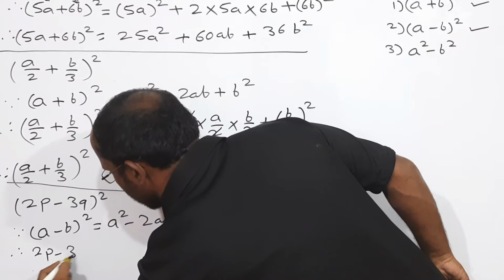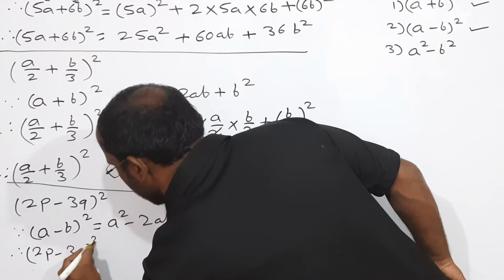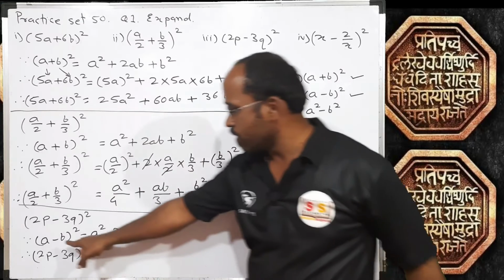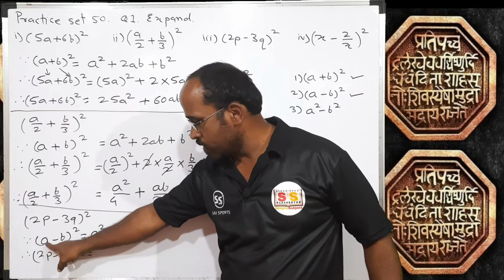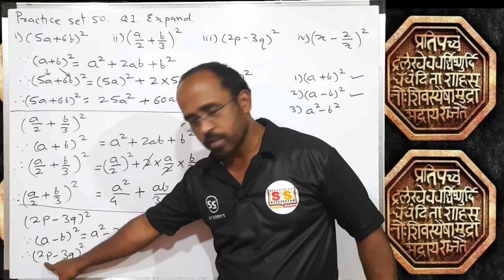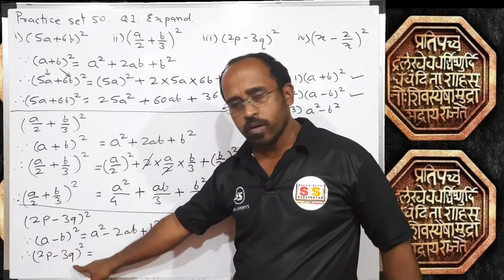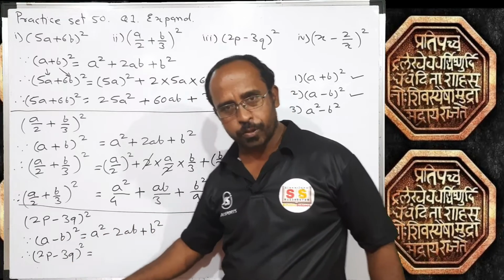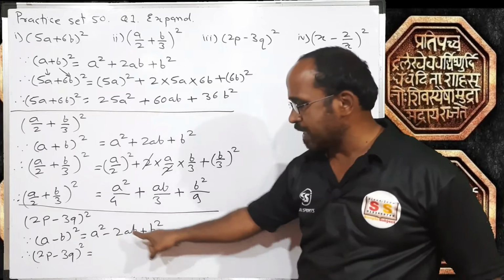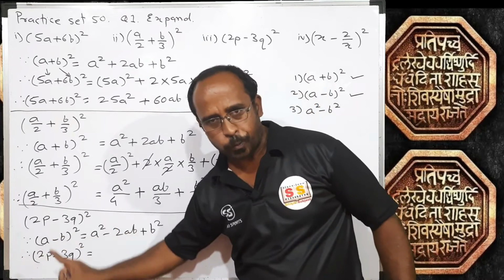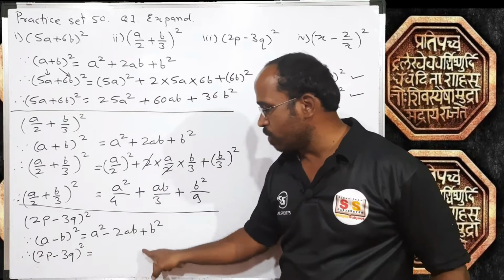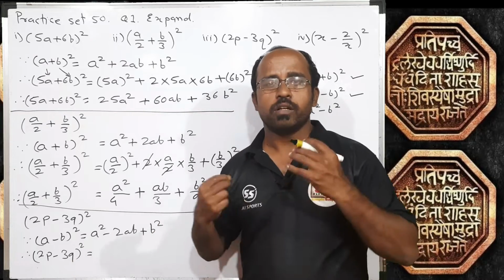2p minus 3q bracket square is equal to, once again at the place of a, means the first term, we have to replace the first term, at the place of b, means the second term, we have to replace the second term, that is 3q. Wherever in the formula there is a we will use 2p, wherever there is b we will use 3q.